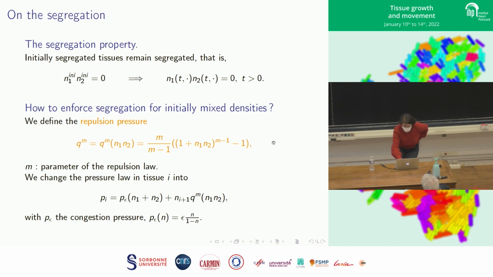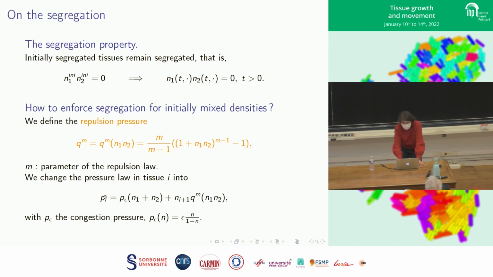And you see that when m is large, you will push n1 n2 to 0. So this forces n1 n2 to be close to 0, which means that you force segregation. And we adapt the pressure accordingly.